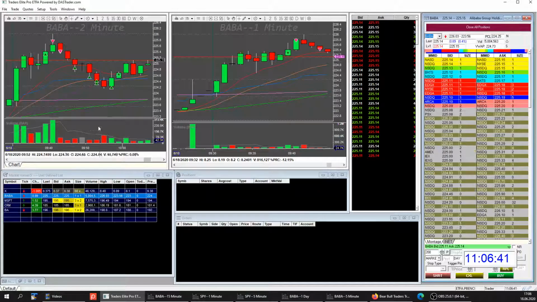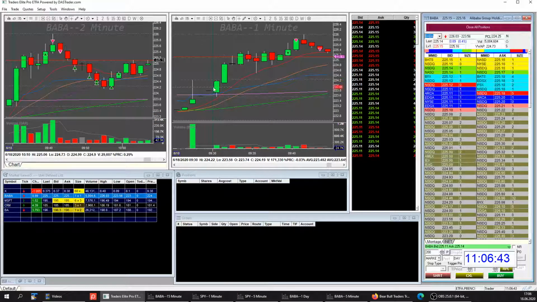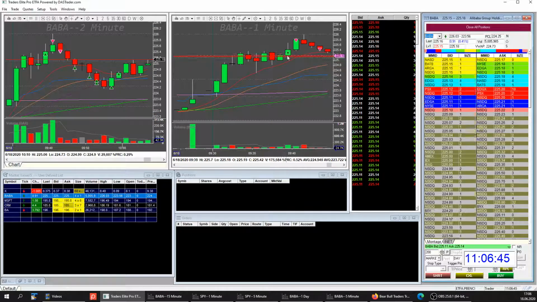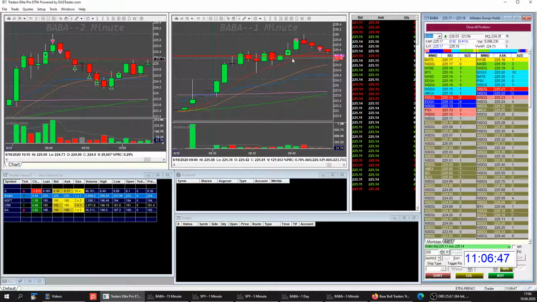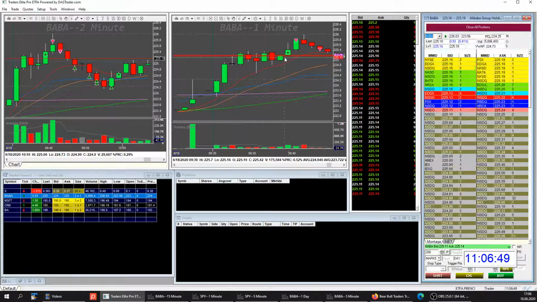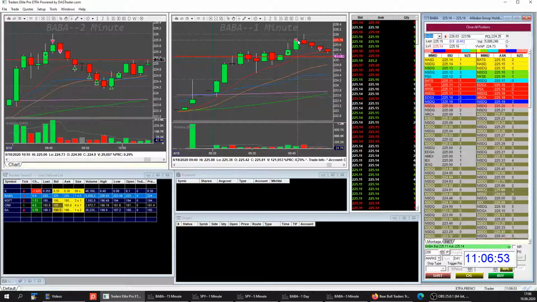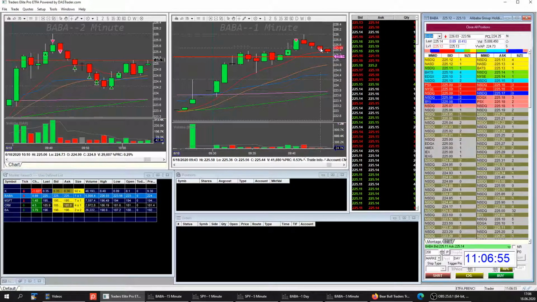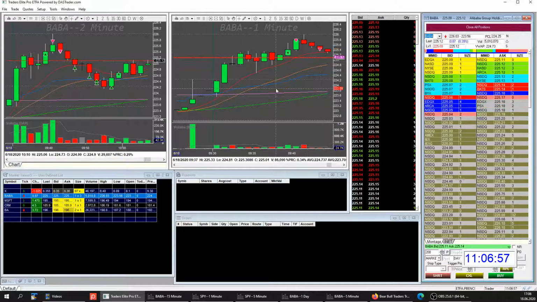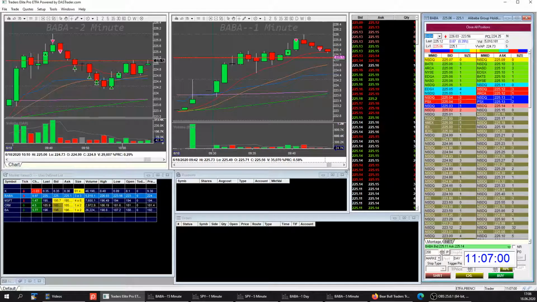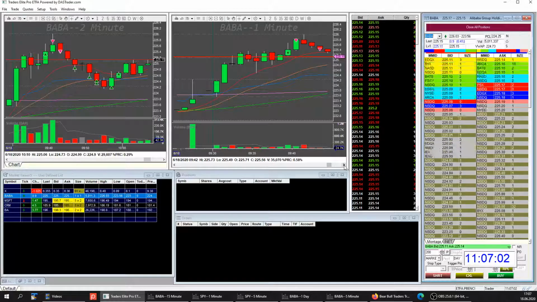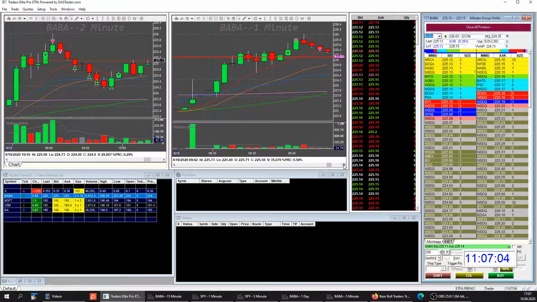So I saw BABA, and I saw this pattern, so I thought that it would be a nice ABCD, so I took it long here, partialed at 1R, and then got stopped again. So second trade, same as the previous one, not much gain, but nothing to lose, right?